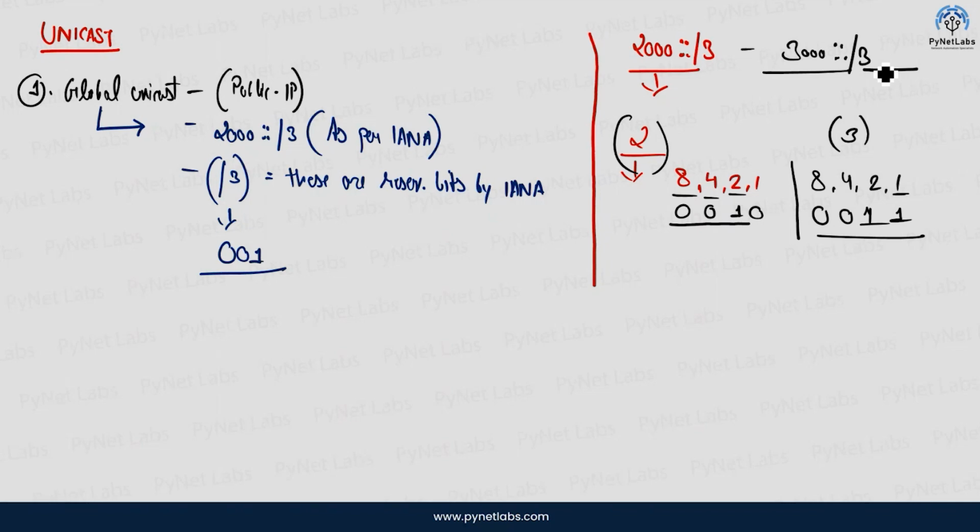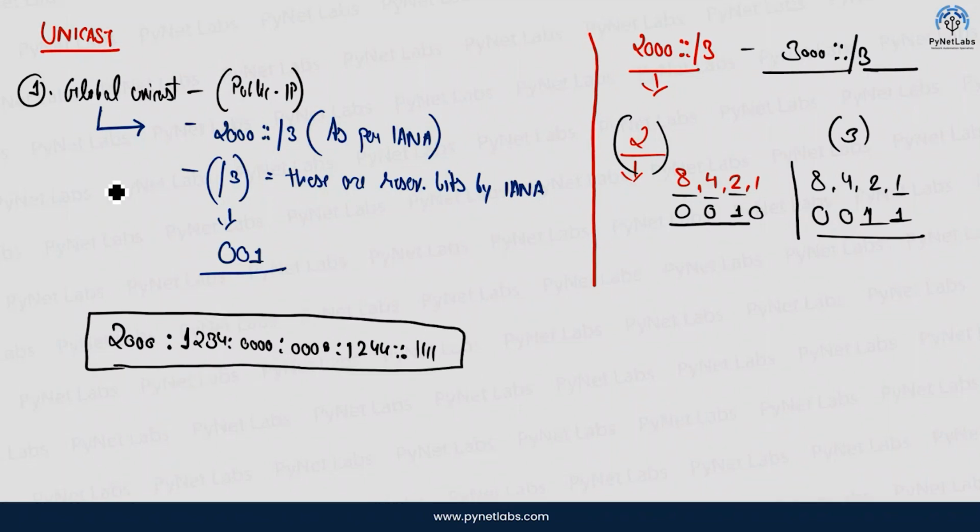Apart from that, the IP addresses I wrote in the previous section, starting from AB, made no sense; that was just an example. But if I say 2000, or let's say 1, 2, 3, 4, again 1, 2, 3, 4, again 1, 2, 3, 4, and again 1, 2, 4, 4, double colon 1, 1, 1, 1, this is going to be my IPv6 address, and it will be considered my global unicast IP, ending at the range of 3000.